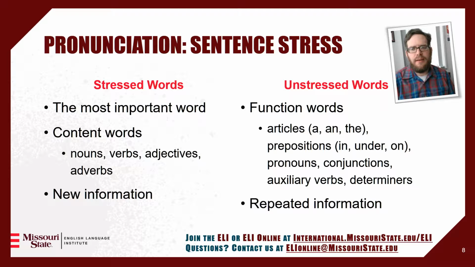Okay? A lot of the time, even if your grammar is not very good, if you clearly say these words, people will understand what you mean. If I say baby cry instead of the baby is crying, you still understand what I mean. So these content words are very important and we stress them clearly.